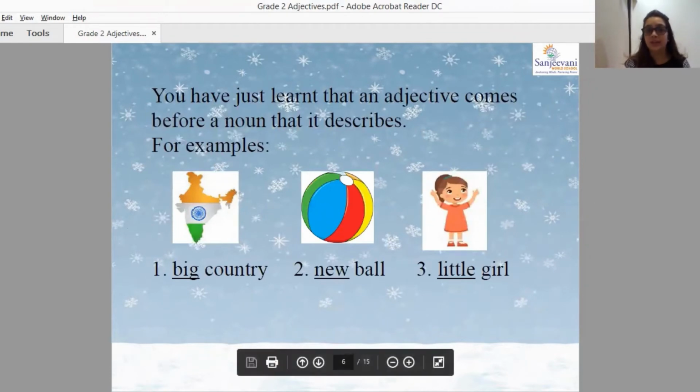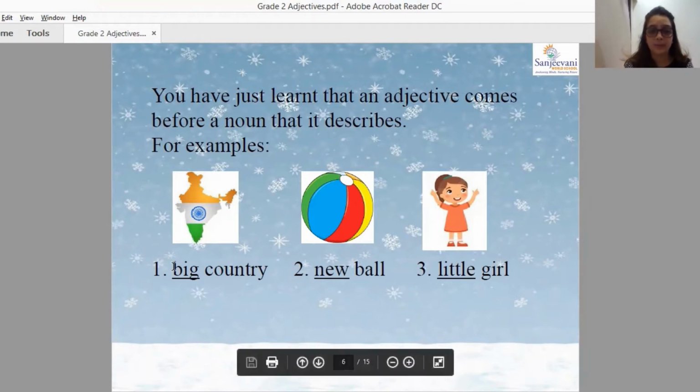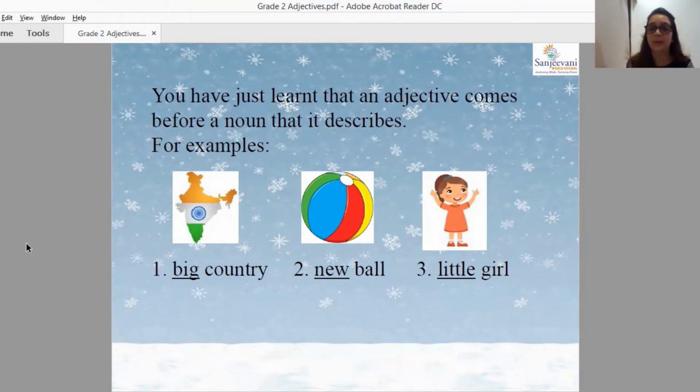We have just learned that an adjective comes before the noun. We just learned that always the describing word comes just before the noun, right? Now, there are a few examples. We'll redo it again. That is big country. The word big is a describing word and country is a place.